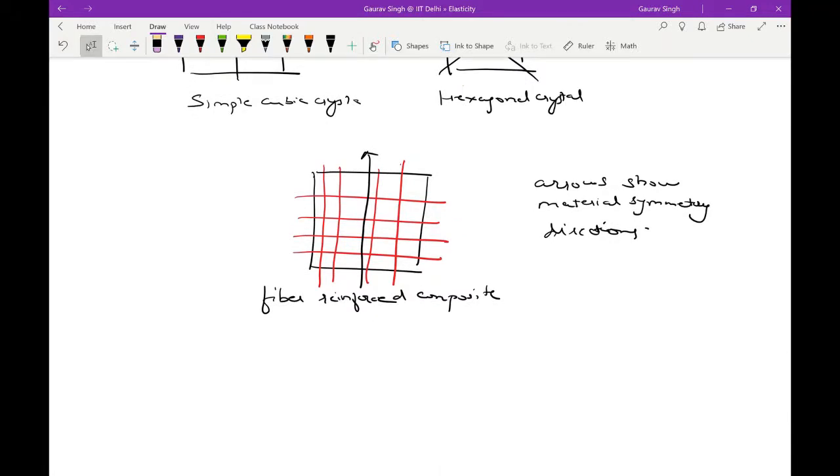Okay, so there's a principle called the Neumann principle, which actually says the same as what we have just discussed.